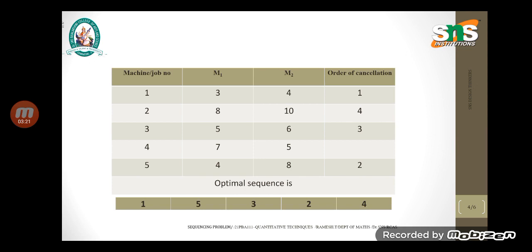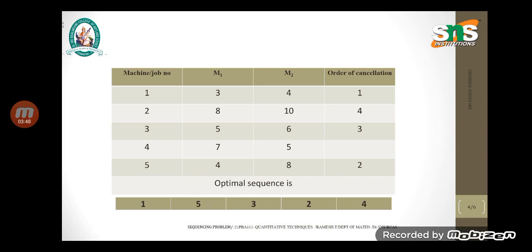To find the minimum total elapsed time, we write in the order of the sequence 1, 5, 3, 2, 4. The machine starts at time 0. The first job on the first machine takes 3 hours, and after completing 3 hours, we go to the next machine. M2 starts at 3 hours and finishes the work in 4 hours.